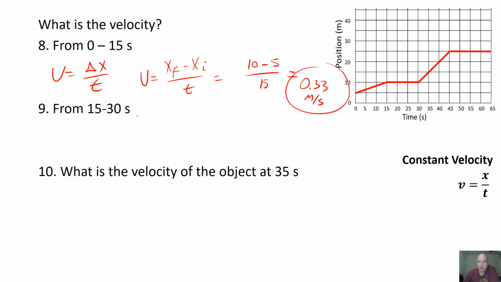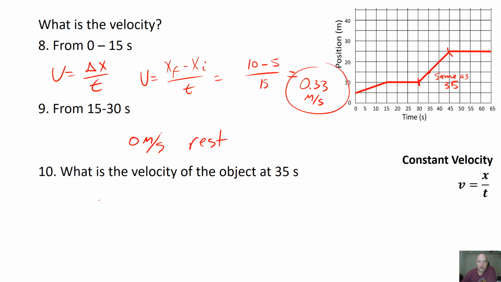Okay, so for 15 to 30, what's your velocity? 0 meters per second, because you're at rest. And what's the velocity of the object at 35? So 35 is asking for this point. I'm going to take this entire interval, and this is going to be the same as 35, because the slope is going to be the same the whole time. Remember, on a position time graph the slope means velocity.